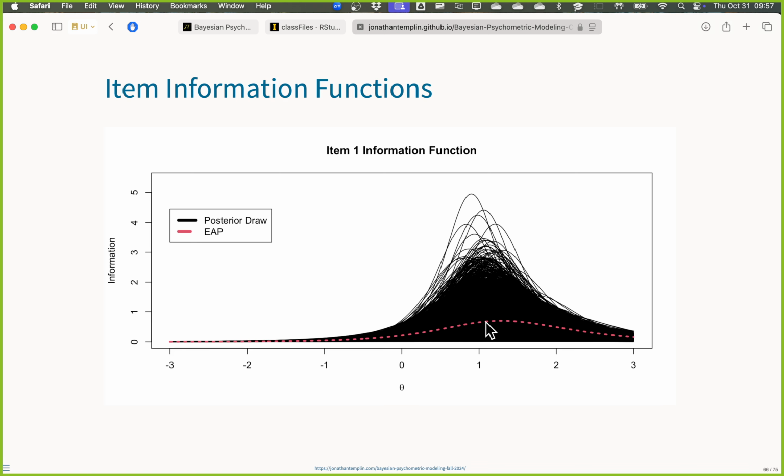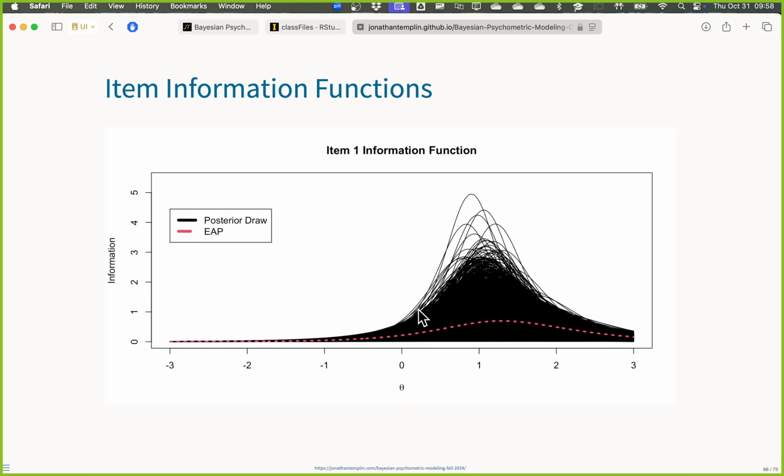This wiggle that you see here is kind of important if you think about it. Because, again, item information, we use this to build test assessment forms with a certain test information function, like where we concentrate where information is.